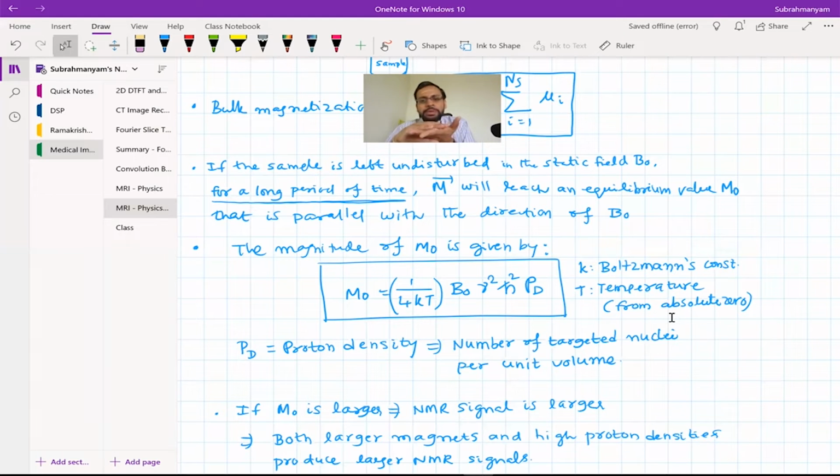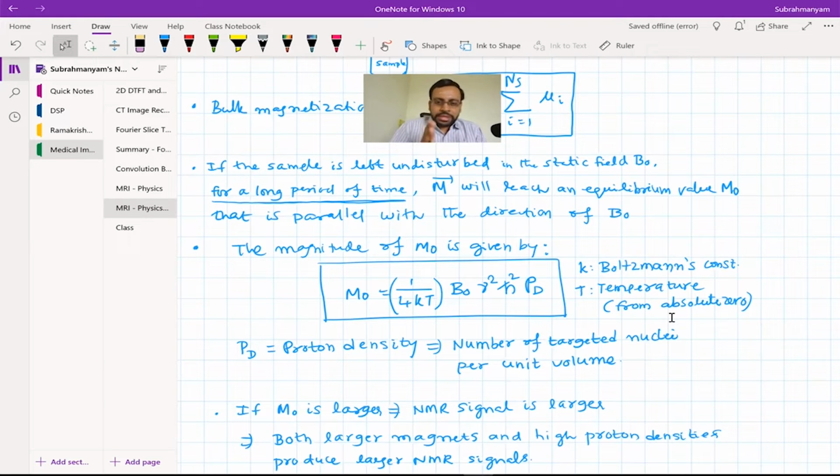Probably if you bring your sample to a lower temperature, that would increase your M naught value. Anyway, while trying to acquire images of humans, you don't try to control their temperature to bring them to lower temperatures. So in the case of humans, while scanning, you consider that a constant.